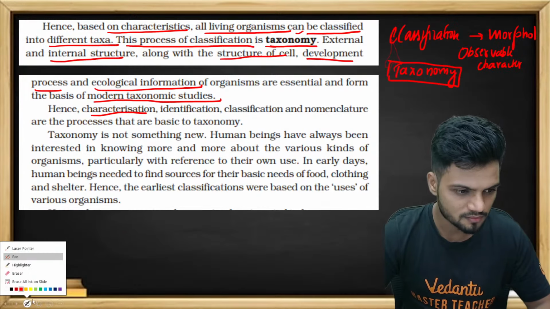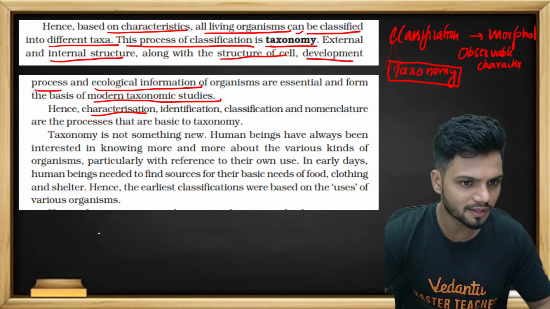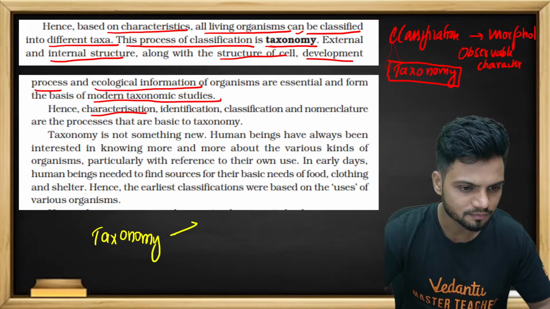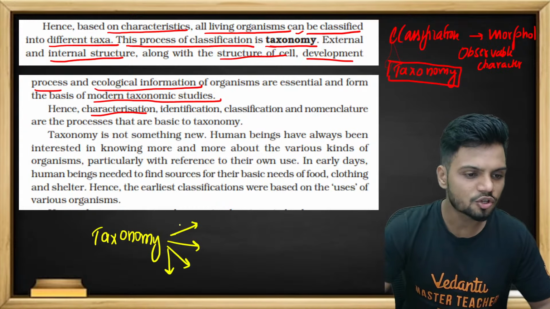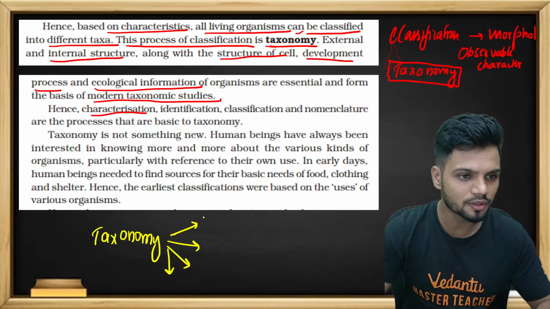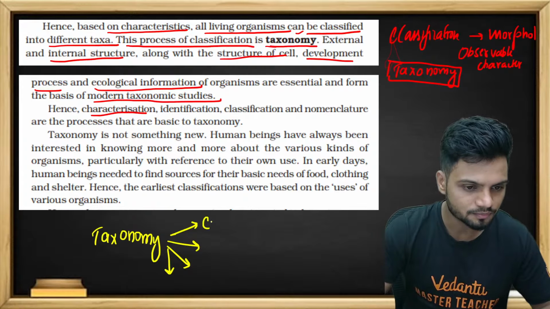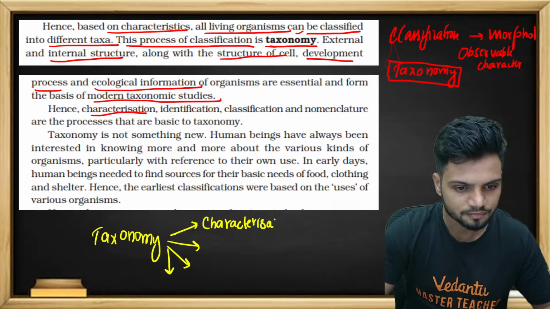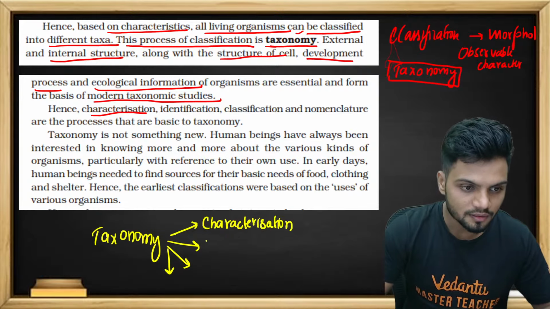What do we have under taxonomy? Taxonomy, I told you, is a little bit advanced. So taxonomy has many parts. A taxonomy will include, first, characterization.